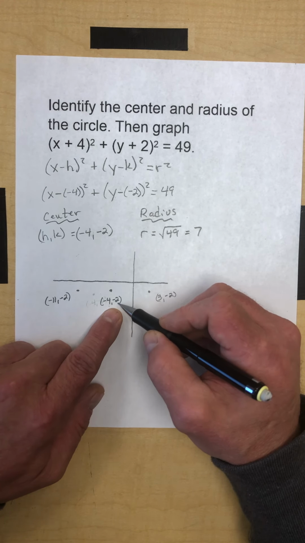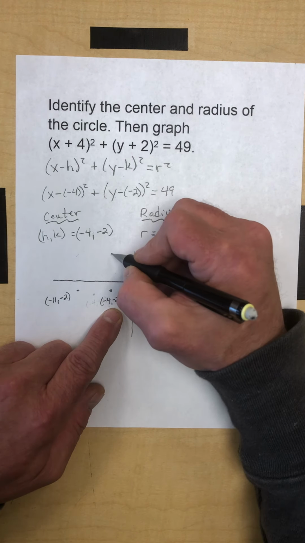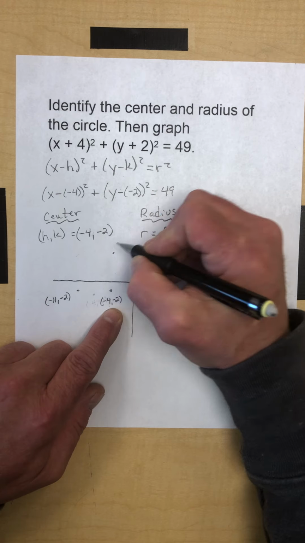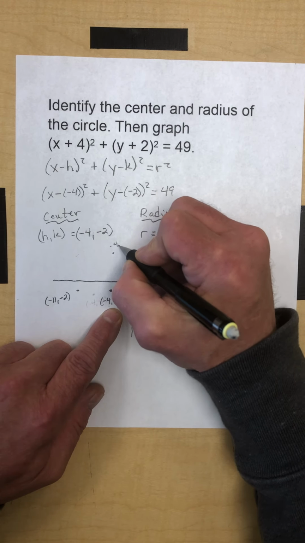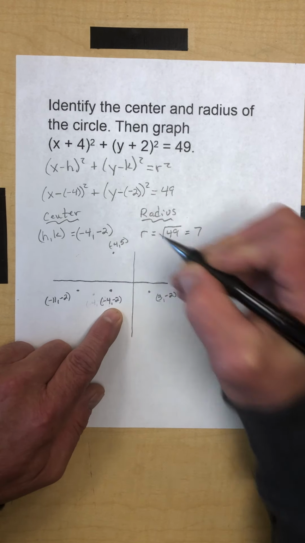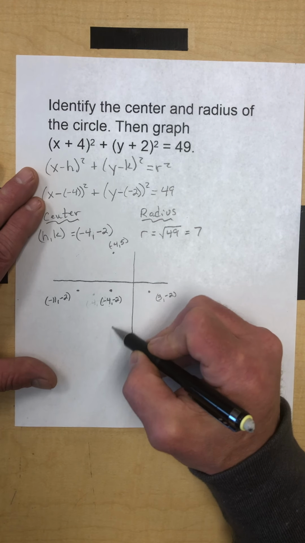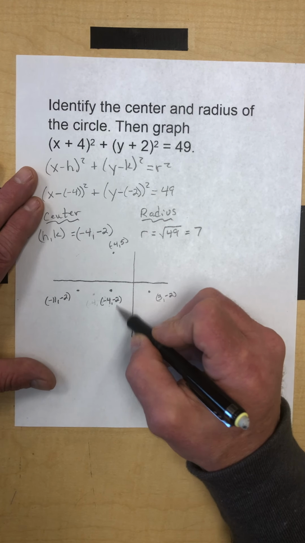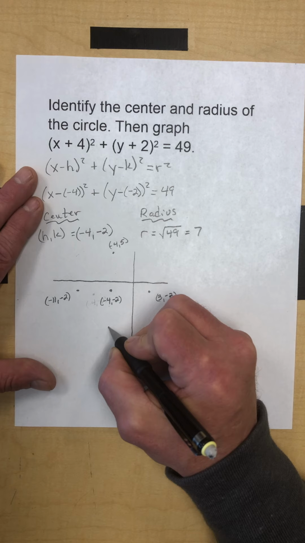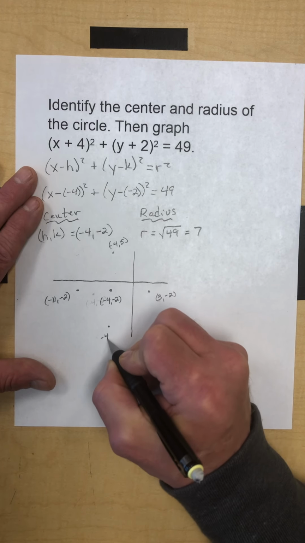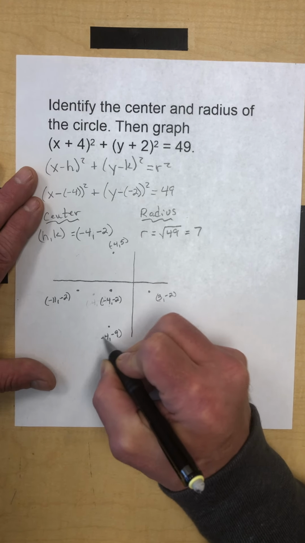If I go 7 up from negative 2, negative 2 plus 7 is 5, so that's at negative 4, 5. If I go 7 down from negative 2, negative 2 minus 7 puts me at negative 4, negative 9.